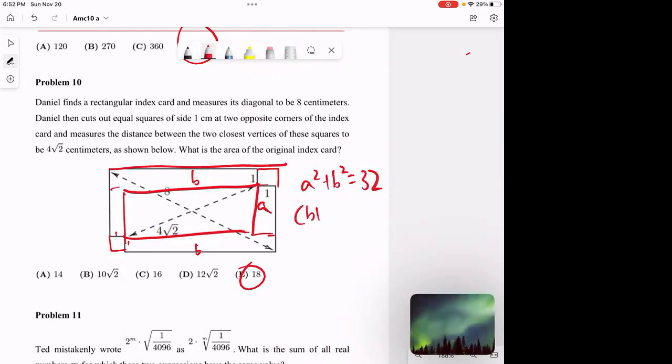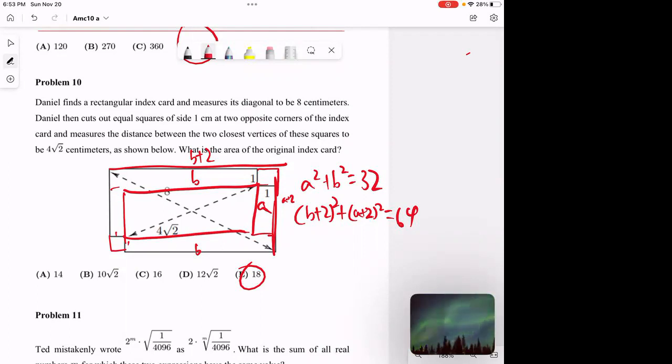So B plus 2 squared plus, same thing here, A plus 1, 2. So B plus 2, A plus 2. So B plus 2 squared plus A plus 2 squared is equal to 64. And then we can just solve this system of equations. I'll just do that real quick.